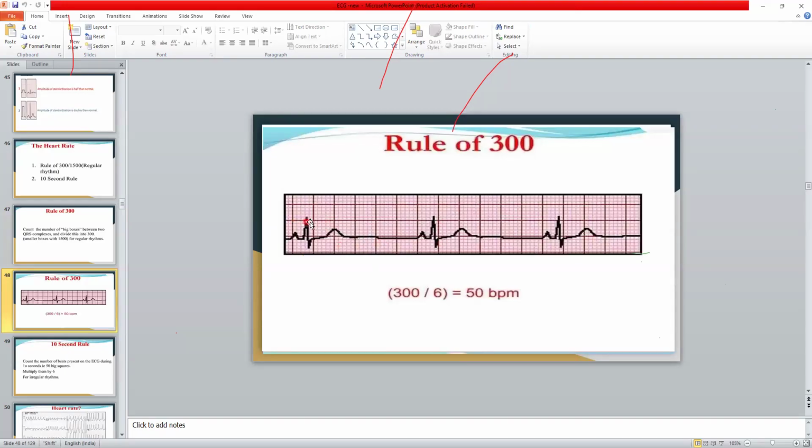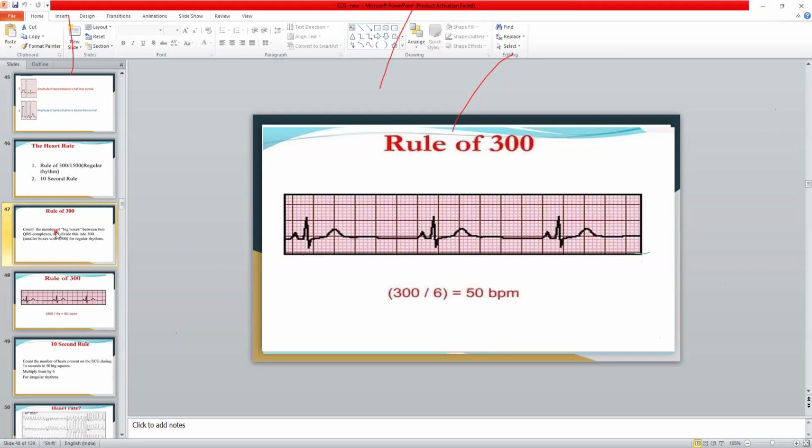Okay, this is the RR interval. You have to count the number of big squares in the RR interval. Here 1, 2, 3, 4, 5 and this one adds up to 6. So here the heart rate is 300 divided by 6, which is equal to 50 beats per minute.